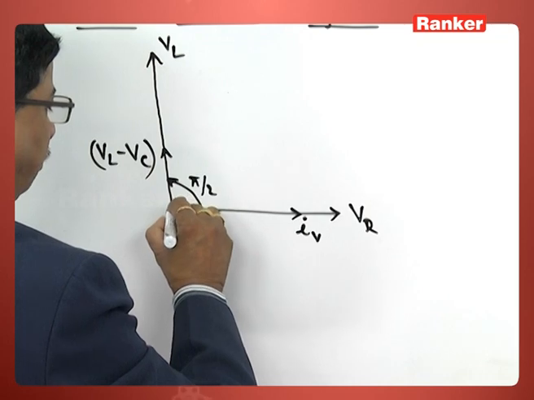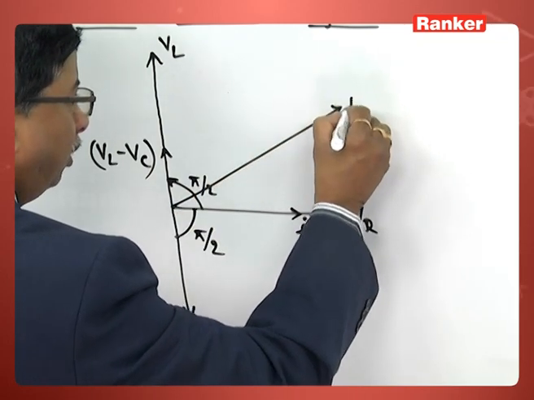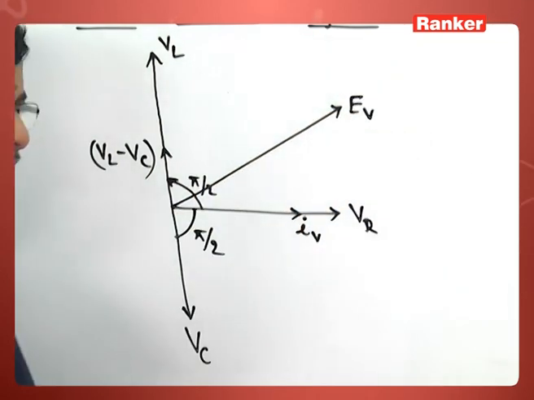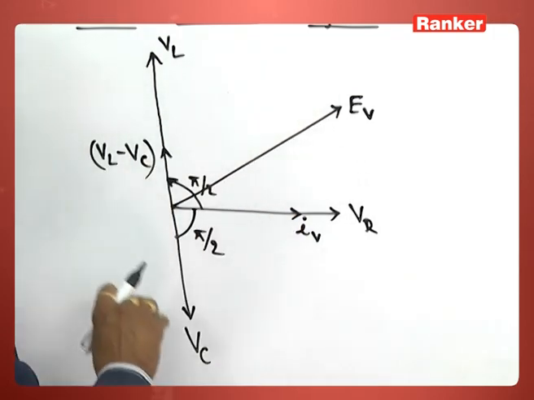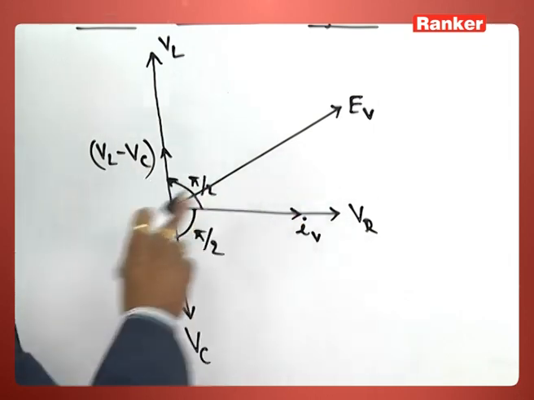Then we can once again draw the value of virtual EMF. The virtual value of EMF over here now becomes the resultant of these two.